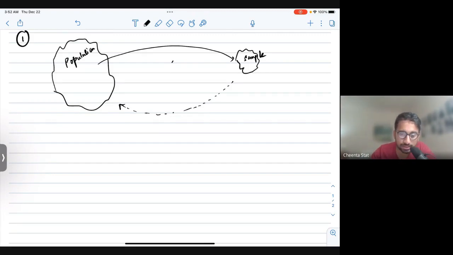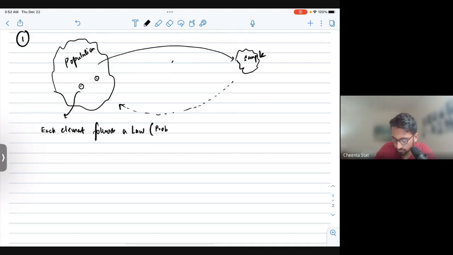Mathematically, we model it logically by x1, x2, ..., xn. Each element of this population follows a law, a probabilistic law. So when you take out a sample, it's a group of, let's say, n elements, each one of them x1, x2, xn.